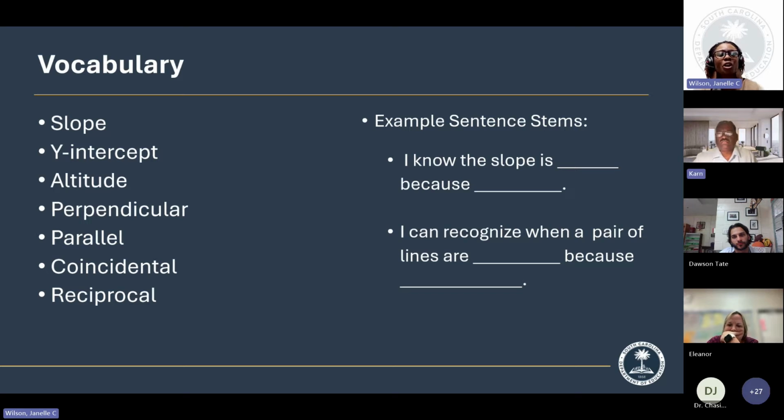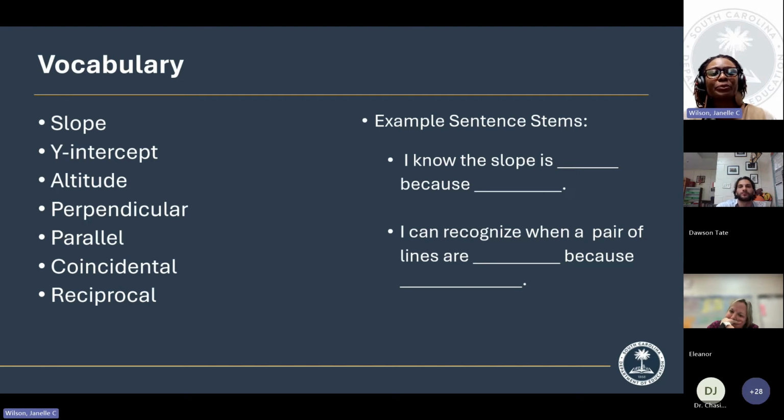What are two terms that we can use to fill in the blanks for this sentence stem? You can put your answer in the chat or you can unmute and give me a response. I know the slope is blank because blank.